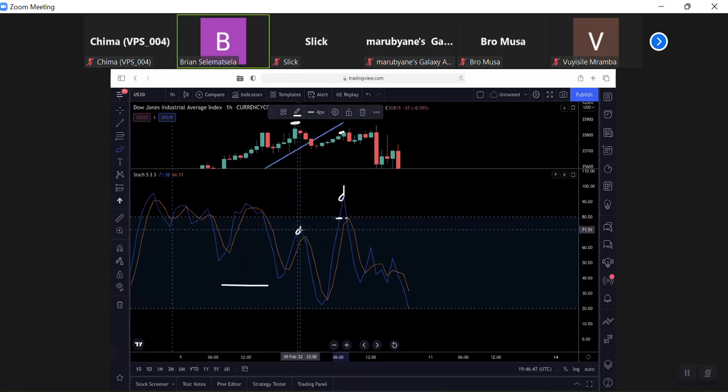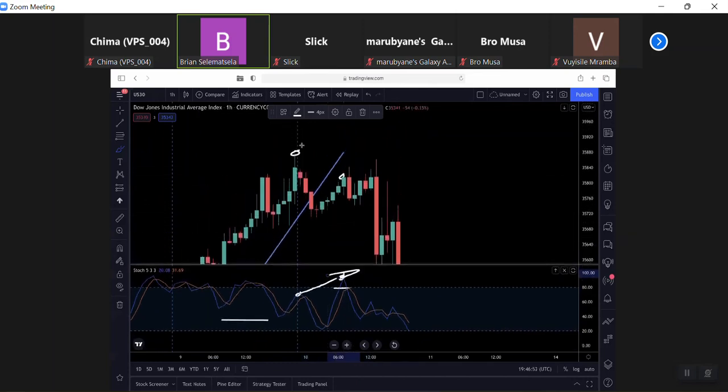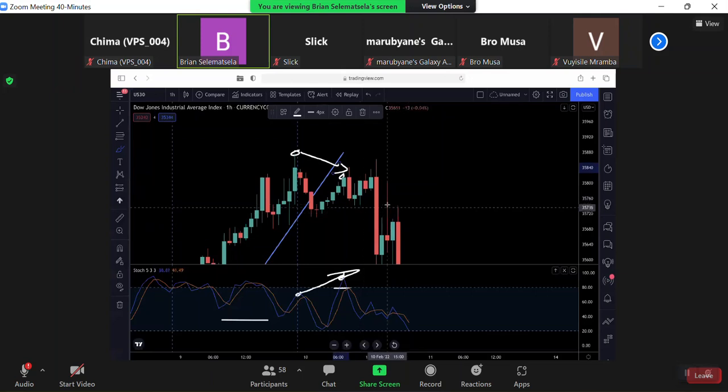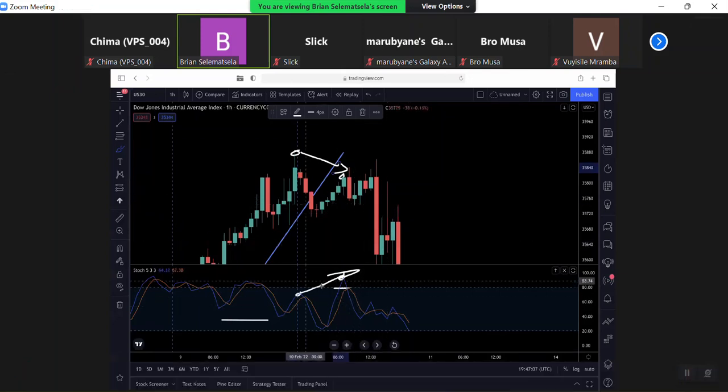I'm going to draw a line to show that from this point to that point, you see an ascending chart. From this point to that point, you see a descending chart. So that definitely shows that we got what we wanted there. And the final thing that we confirm with is a crossing over.